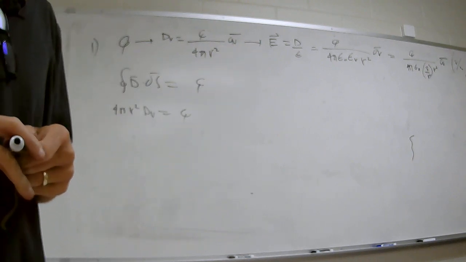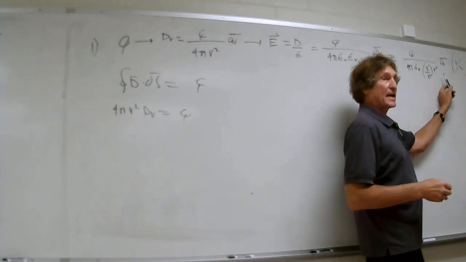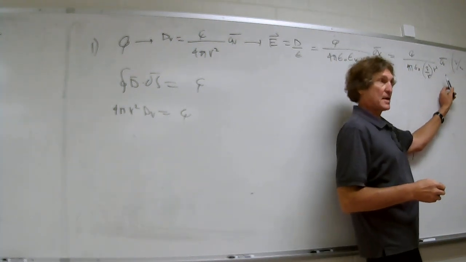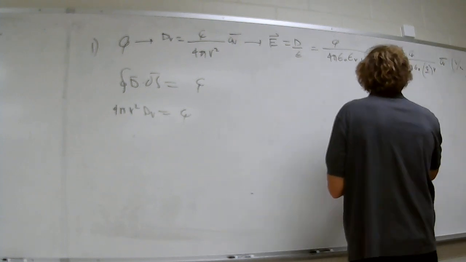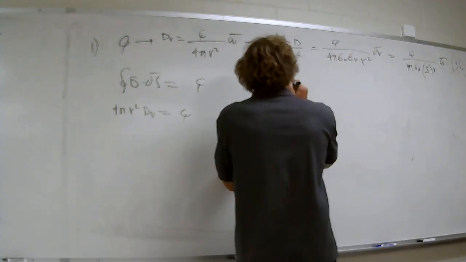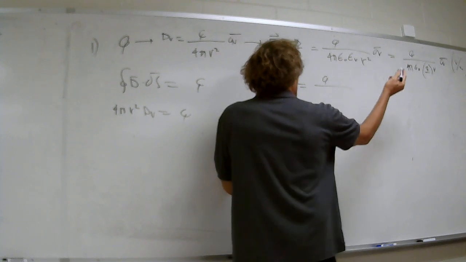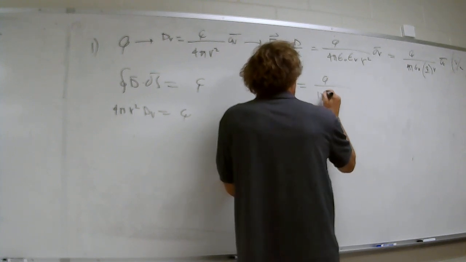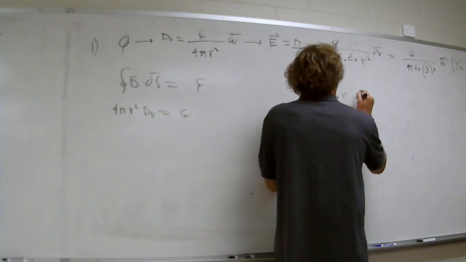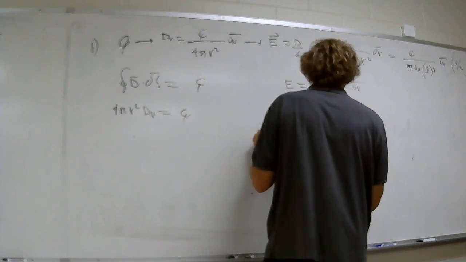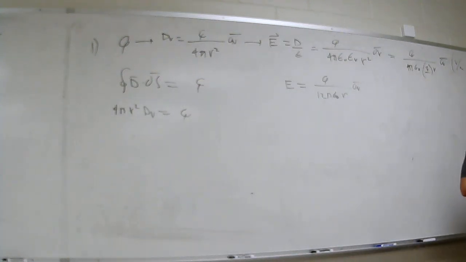The thing that's obvious is this r and this r cancel, so I just get an r. It becomes 3 over r. If I wanted a nice form of this, E would be Q, 4 times 3 is 12 pi epsilon naught, divided by r in the a_r direction. After I get that, this marker's dying on me too.